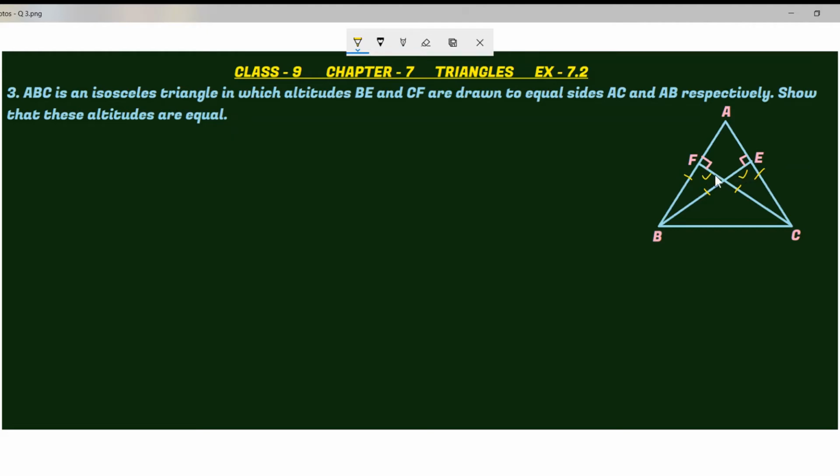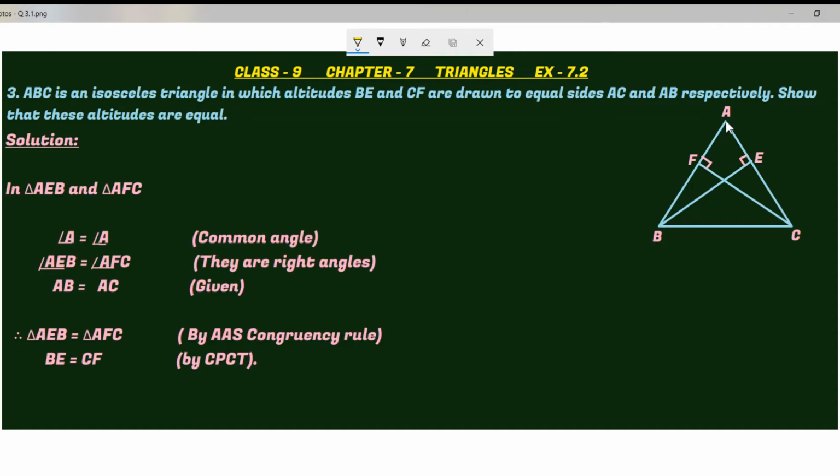If we prove these two are congruent triangles, you can see these two lines are corresponding parts of the congruent triangles. So, we have to prove first ABE and ACF both are congruent. Let's prove.